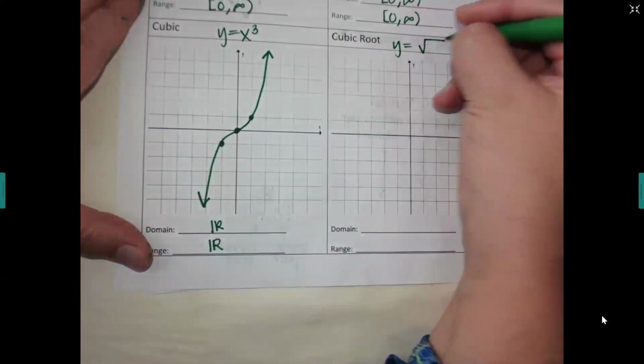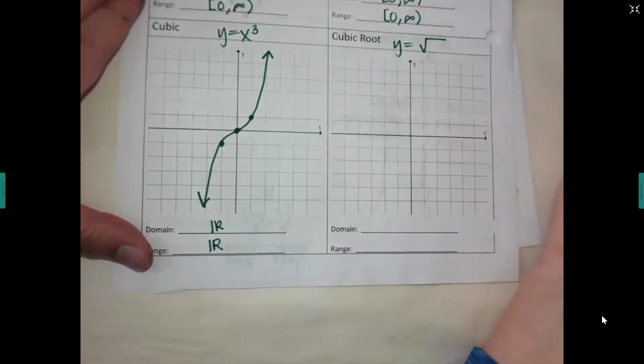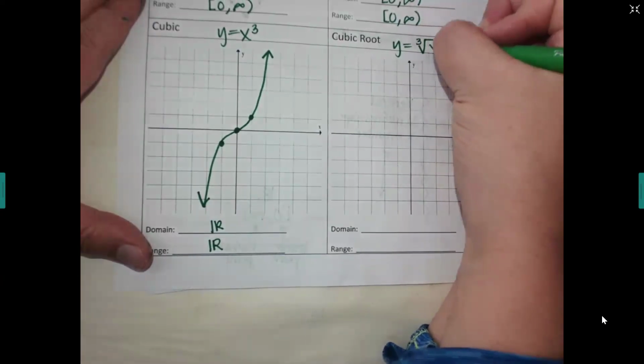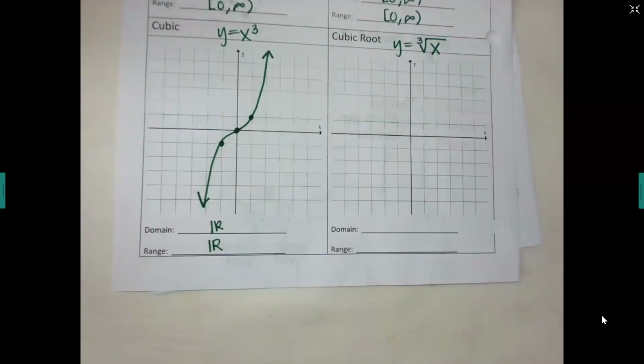So you're going to put a square root, but you're going to drop a little 3 into the elbow like this. And your cubic root graph is still a squiggle, but instead of it squiggling up, it's going to squiggle to the side. Okay, so let me show you what that looks like.